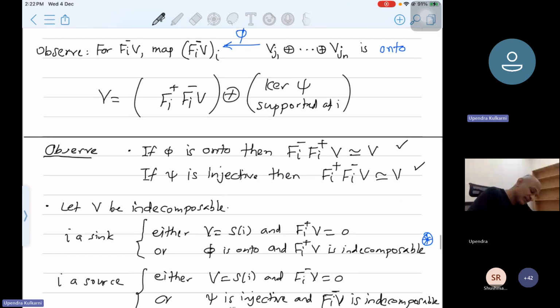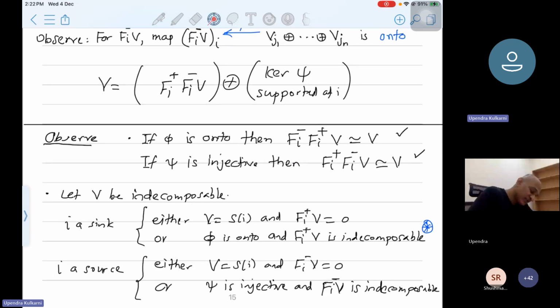So we saw that if your representation is the simple module at I, there are no neighbors. I mean, all the neighbors are 0. So when I take the direct sum map, that map is 0. Its kernel is also 0. So we saw that the reflection functor just kills this simple module. But just notice what will happen. V is indecomposable.